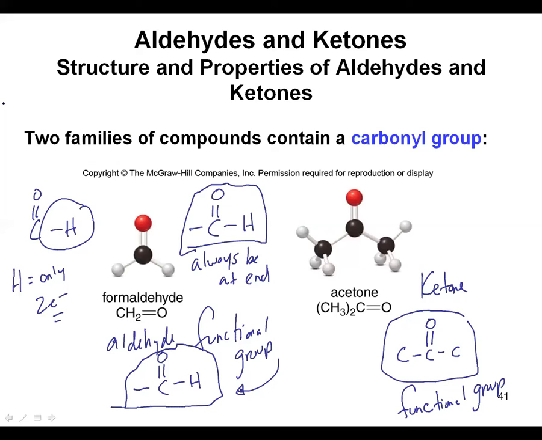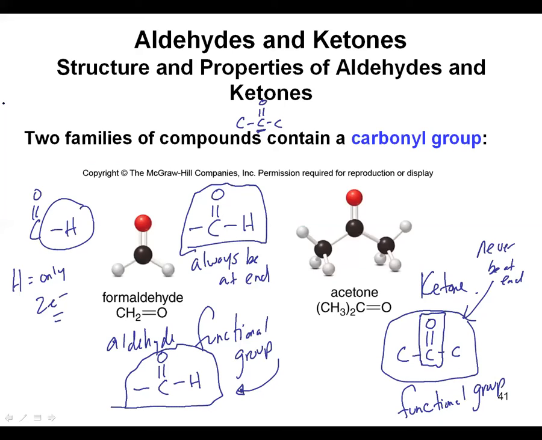The functional group will be at one end of the molecule or the other end. In a ketone, the carbon-oxygen double bond will never find itself at the end because you'll always need that extra carbon on each side. So the aldehyde will always be at the end, and the carbon-oxygen double bond of the ketone will never be at the end because of the setup of how it goes.